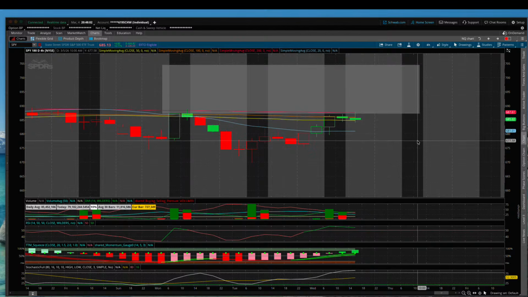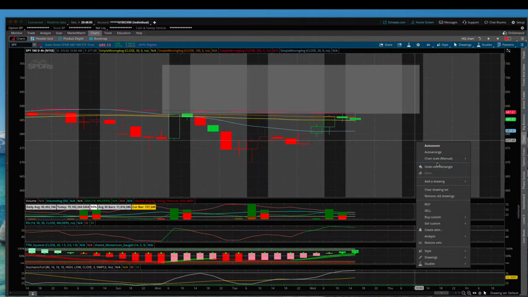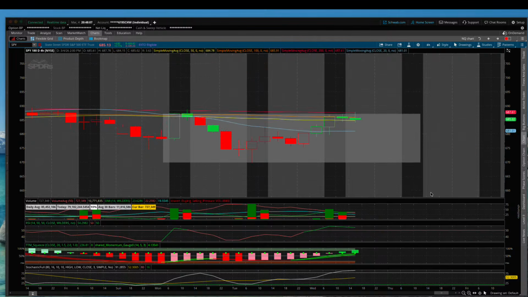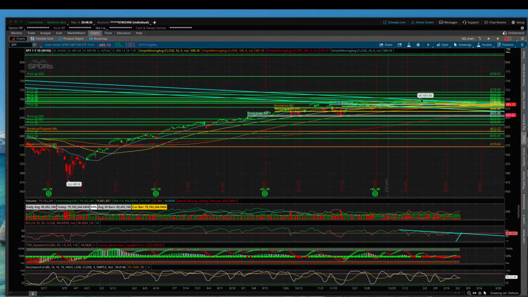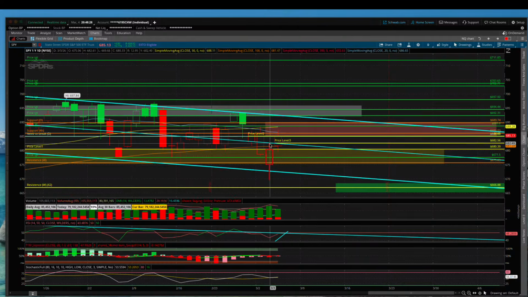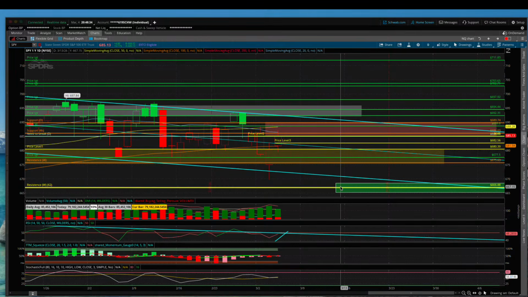Okay, for inverse head and shoulders, 696.50 and 704. That's for ES and SPY. All right. Now, if we just reject that and we lose that 697 or 675, our target is still 666.88. That's where we really wanted to go.